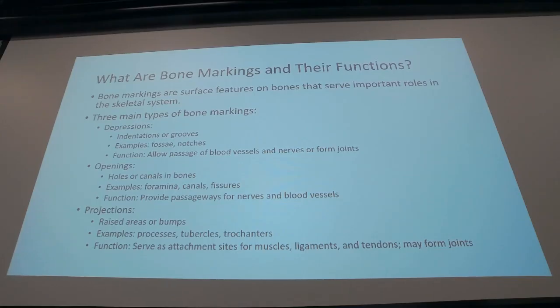Connections between bones are known as joints. Names of projections: we have processes, tubercles, and trochanters. Trochanters are large, tubercles are typically small, and you can have tuberosities as well. That's another example of a projection, which is a little bit larger than a tubercle.